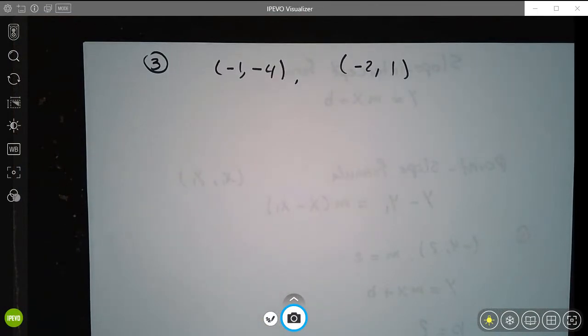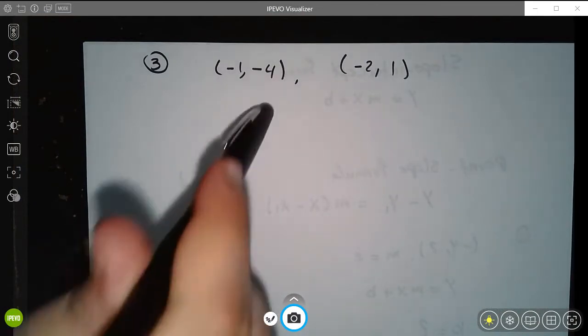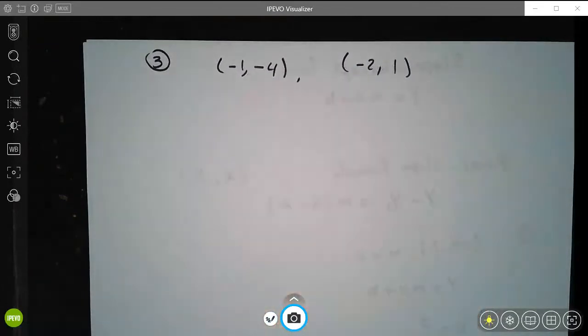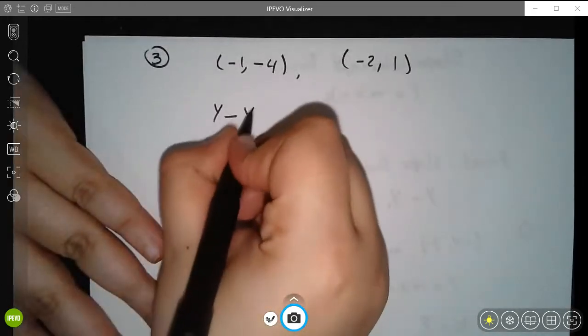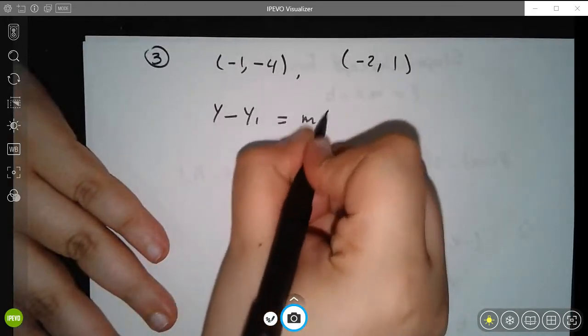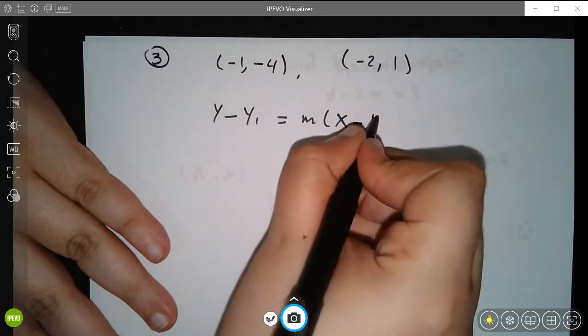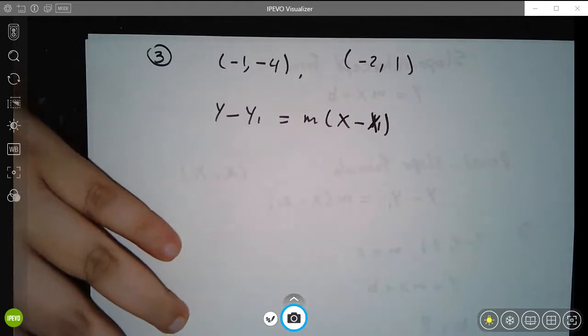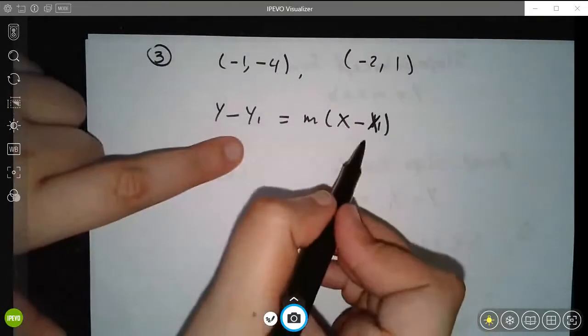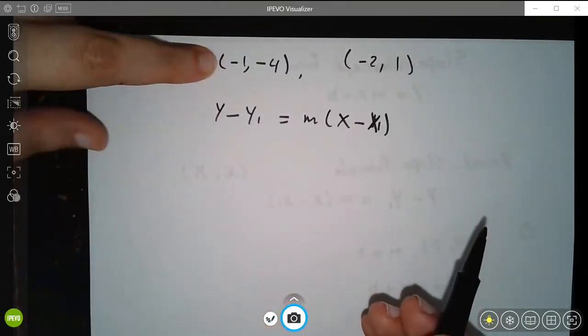We're going to use the formula, but before, they gave you a point and the slope, and this time they gave you 2 points. So to use the formula, which is y minus y1 equals m times x minus x1, for the x1, y1, you can just pick a point and plug in the values.